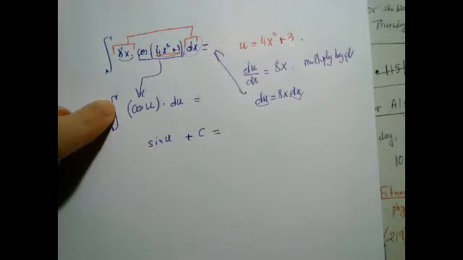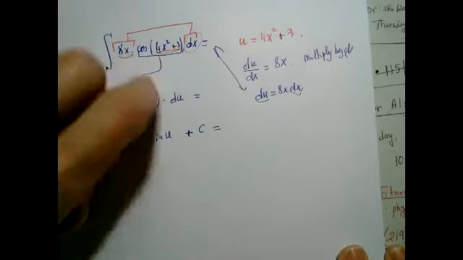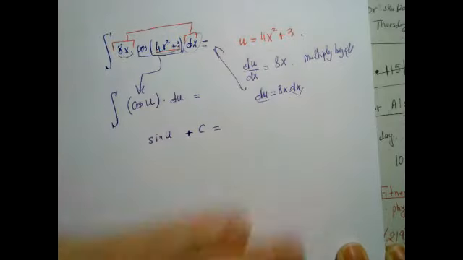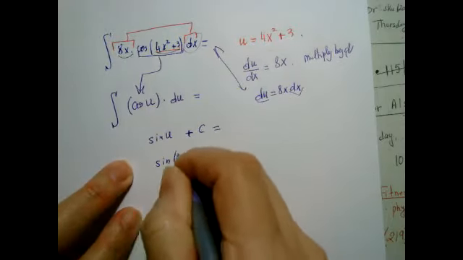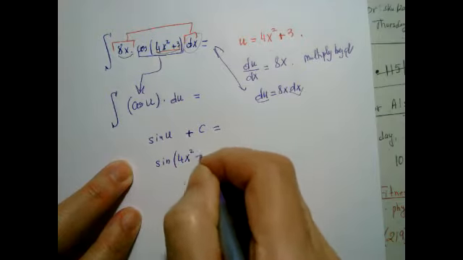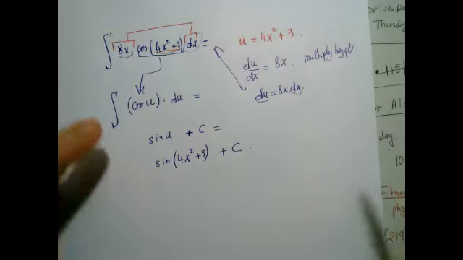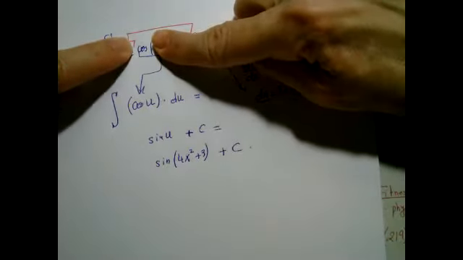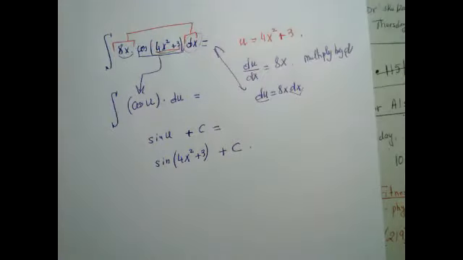Once I evaluate this as an integral in u, I go back to my initial variable, because this integral is a function of x, so my answer has to be a function of x. This will give me the sine of 4x squared plus 3, plus c. So it's basically the antiderivative of this function, evaluated at 4x squared plus 3.